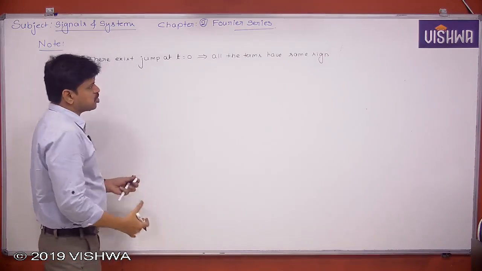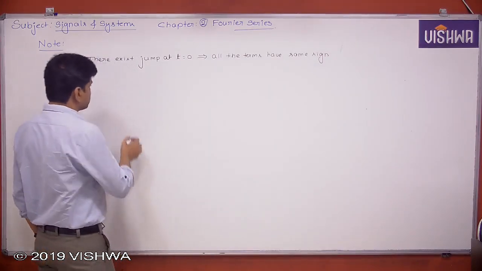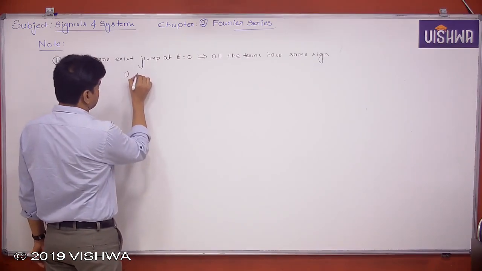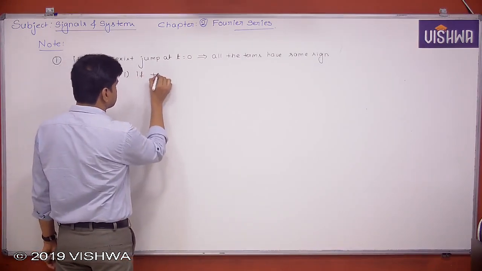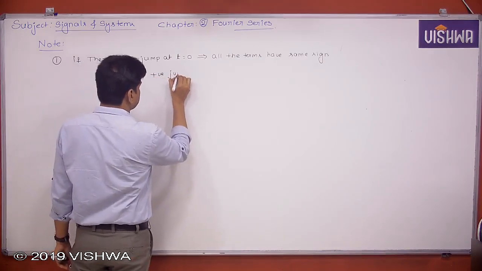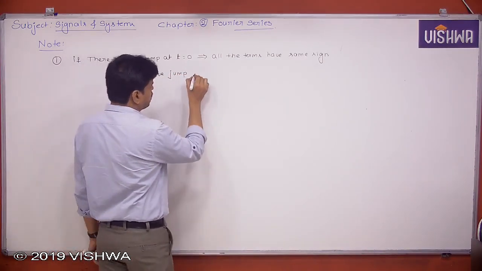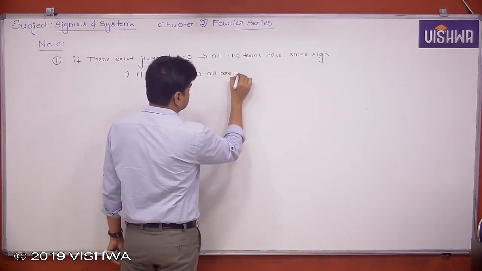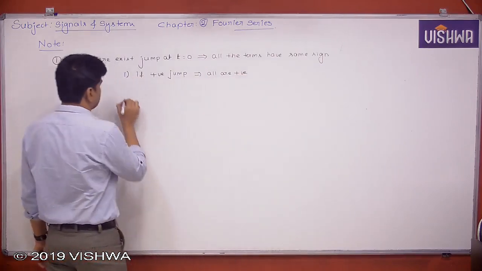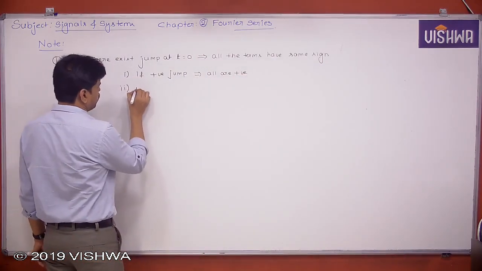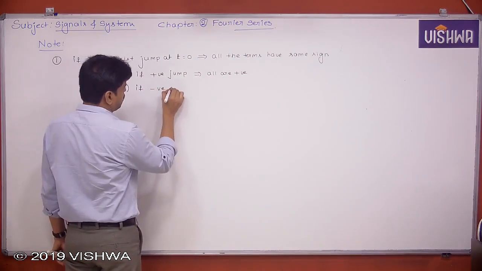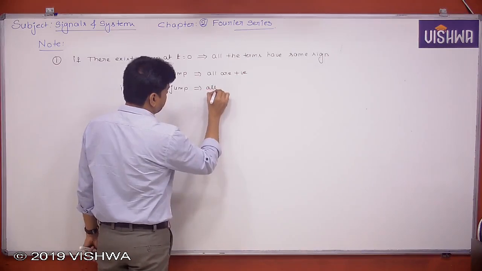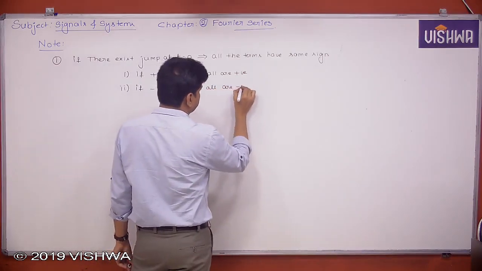That means maybe positive sign or maybe negative sign. If it is a positive jump, then all are positive. Second, if it is a negative jump, all are negative.